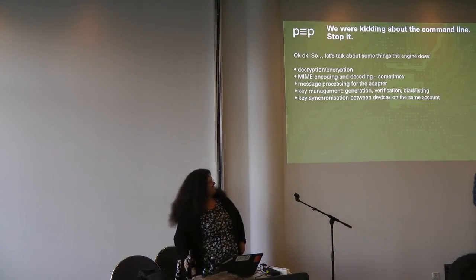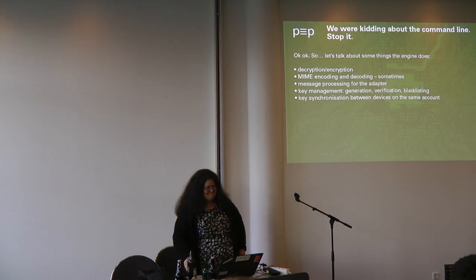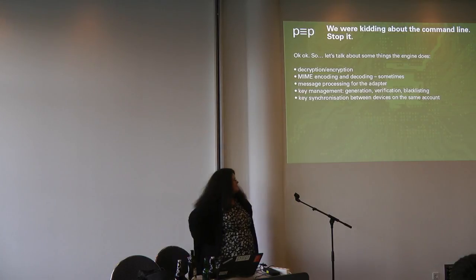Just to say a little bit on the functionality. The idea of PEP is that it installs automatically, so you don't have to have any knowledge. Take the Outlook plugin, for example: you just say install, accept license, finish, and it's done, you're up and running. The keys are created, it checks if there were keys, and so forth.